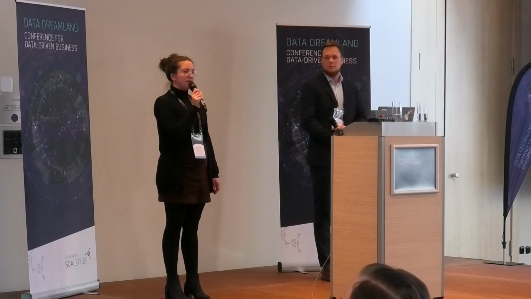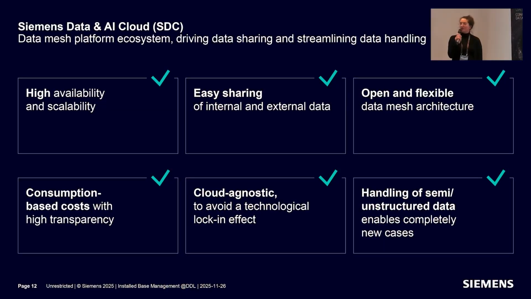And to be able to do that, our central IT developed the Siemens Data and AI Cloud some years ago. That's our data mesh platform ecosystem to be able to share data and streamline data handling. The main points of the Siemens Data and AI Cloud are high availability and scalability. It's easy to share internal as well as external data. It's open and flexible, a data mesh architecture.